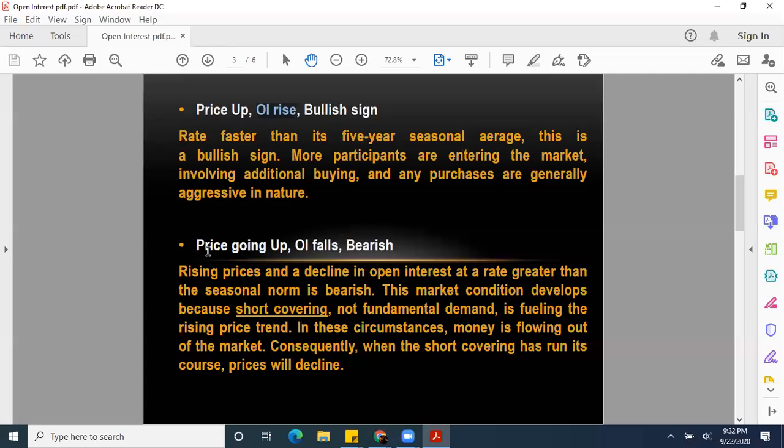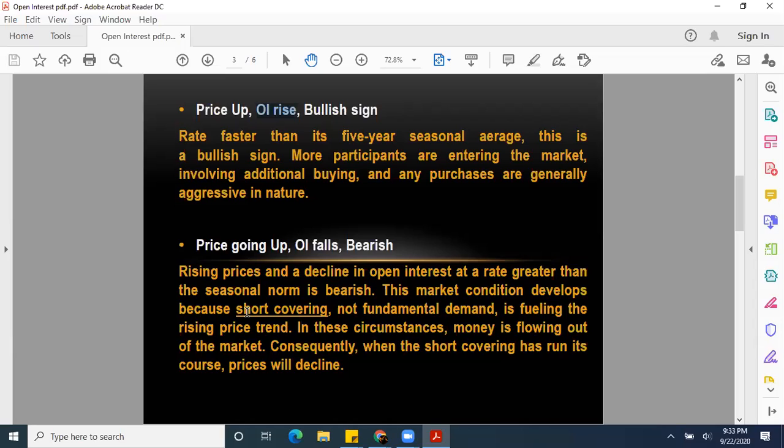Again, if price is going up and open interest is negative, is falling, it is a sign of bearishness. So rising prices and a decline in open interest at a rate greater than seasonal normal is bearish. This market condition develops because of a term we call short covering, not necessarily because of fundamental demand.